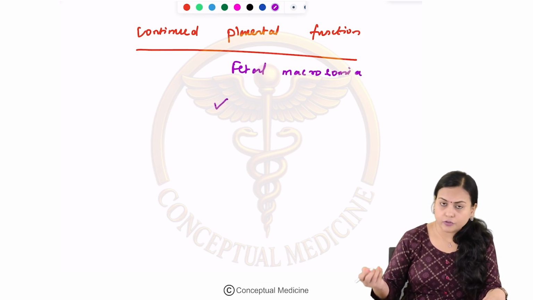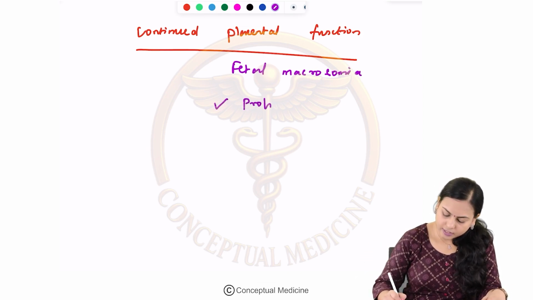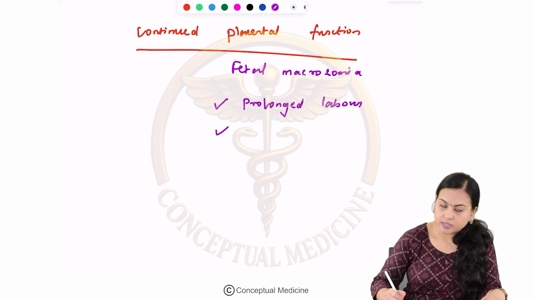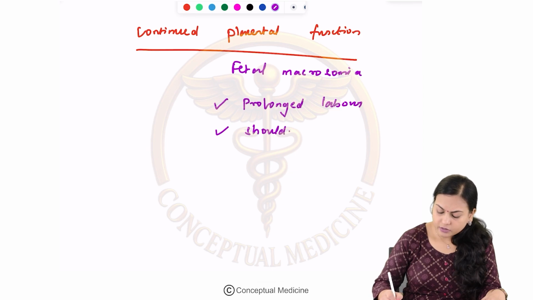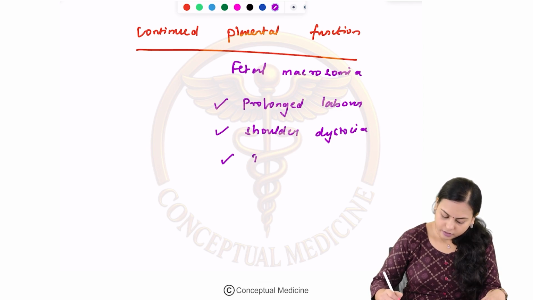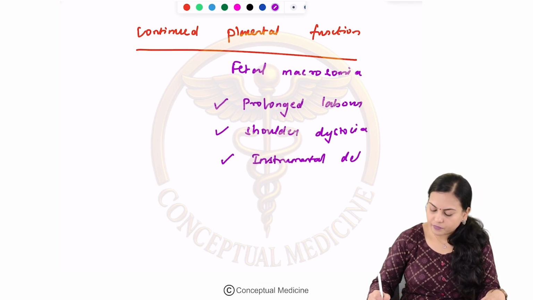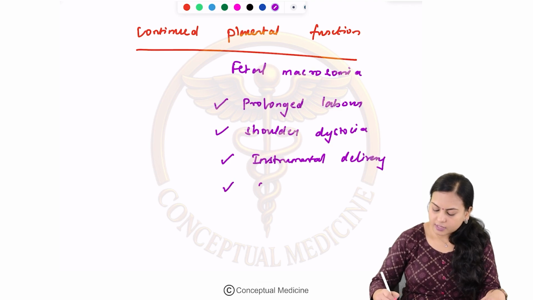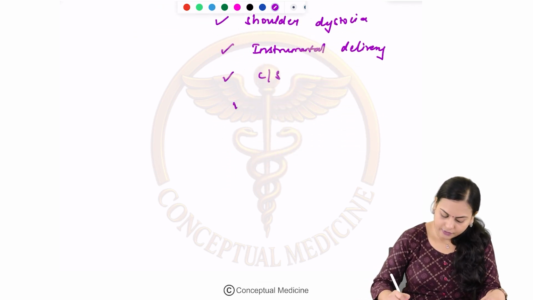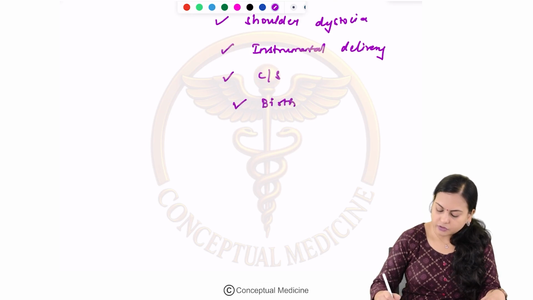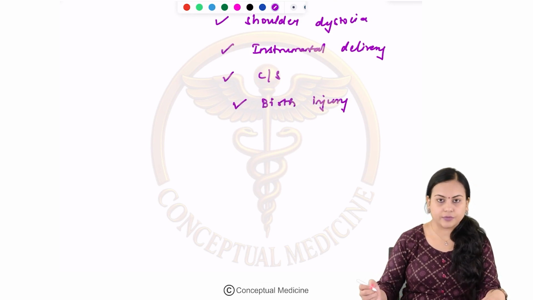So, that is going to cause difficulty in labor, which will result in a prolonged labor, and there is shoulder dystocia. There are chances of instrumental delivery, cesarean section, as well as birth injury to the fetus.